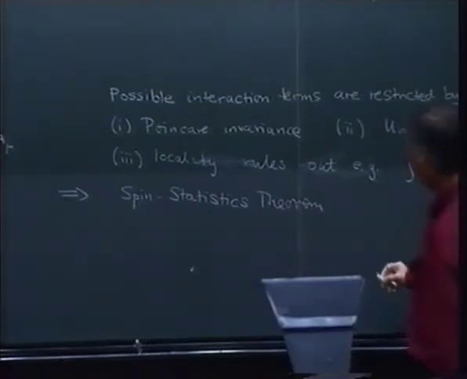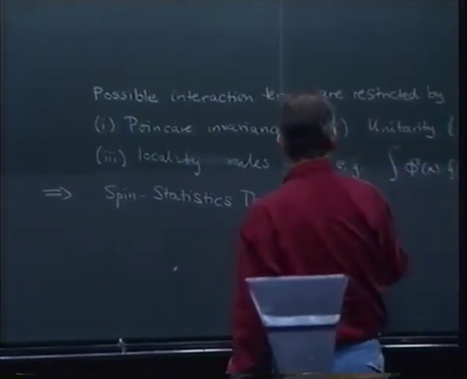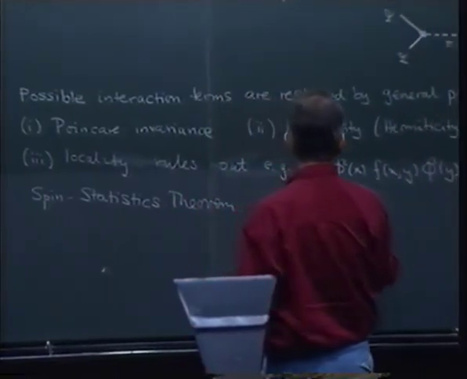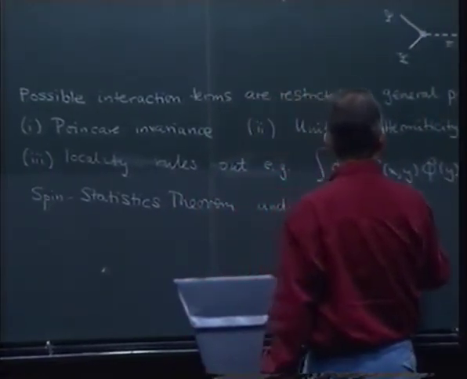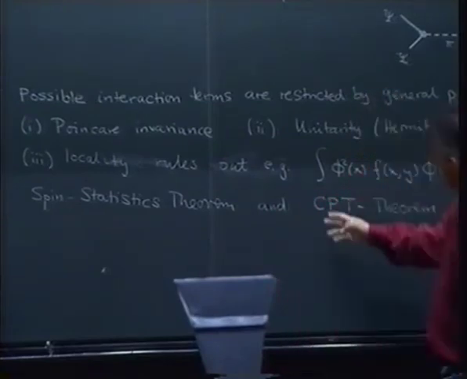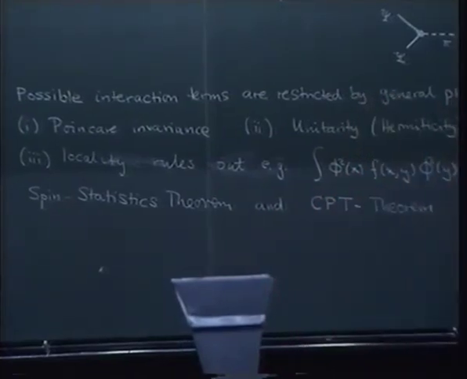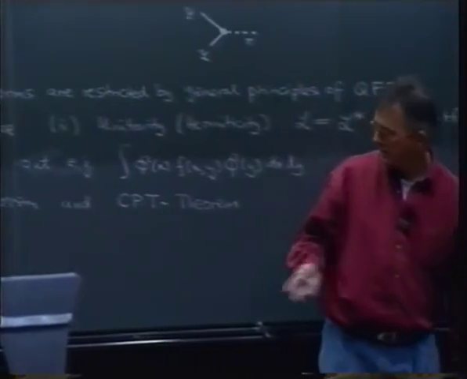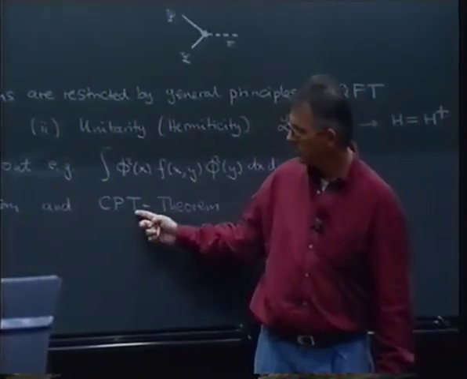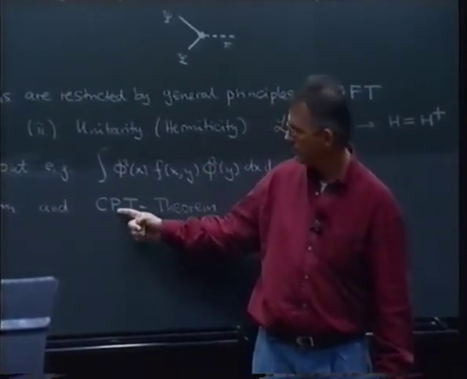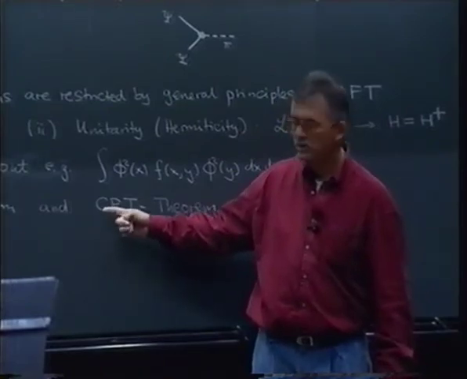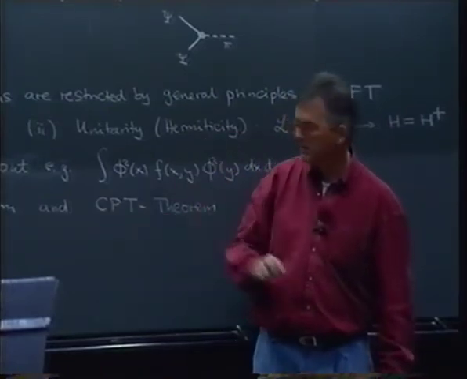The other one is the so-called CPT theorem, according to which we have three discrete symmetry transformations in quantum field theory, namely time reversal, parity, it's clear what it does, and charge conjugation, which exchanges particles and antiparticles.